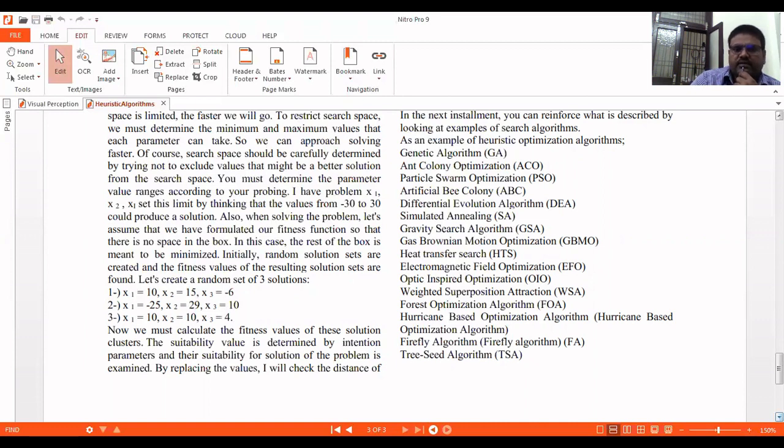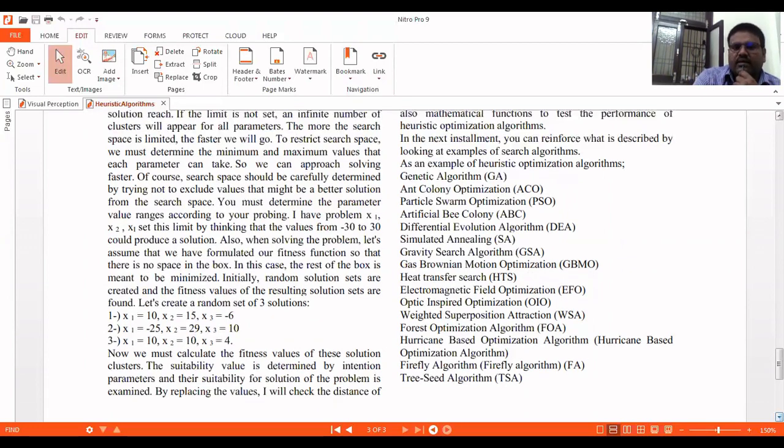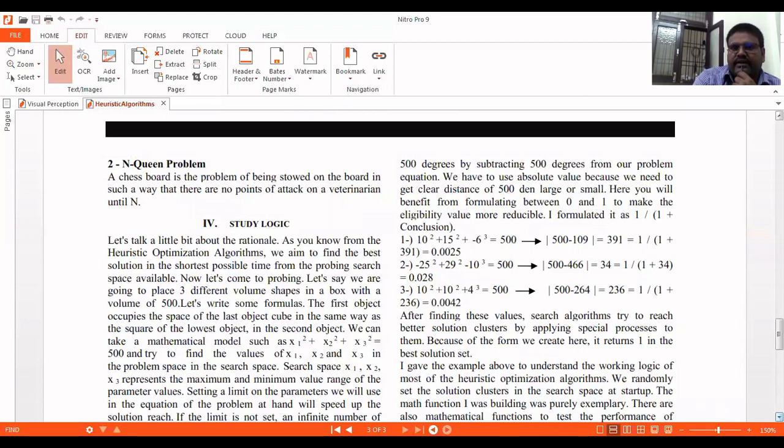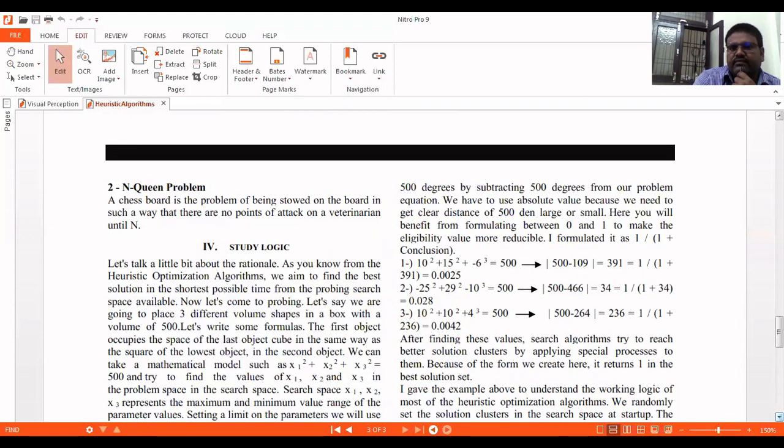I will check the distance from 500 by subtracting 500 from our problem equation. We have to use the absolute value because we need the distance from 500, whether large or small.